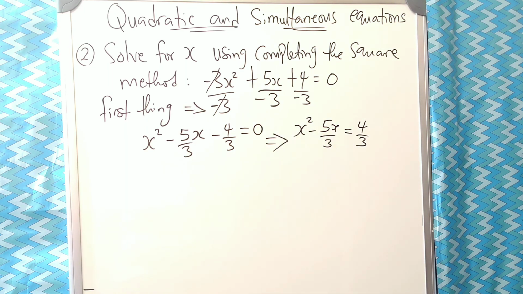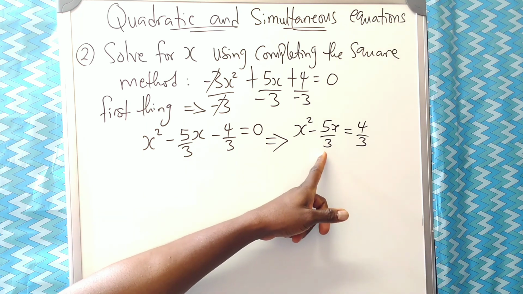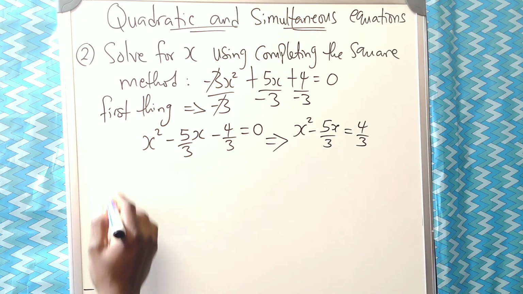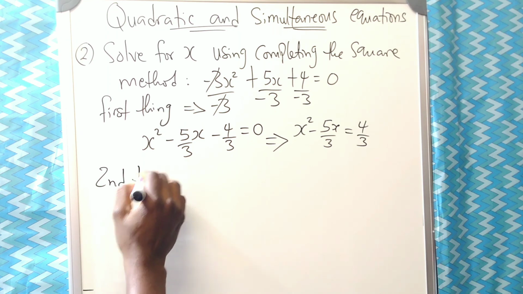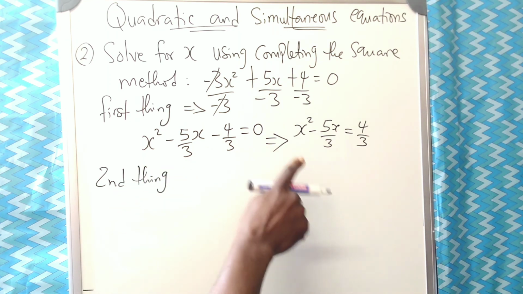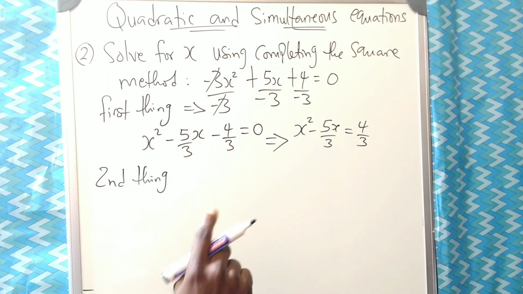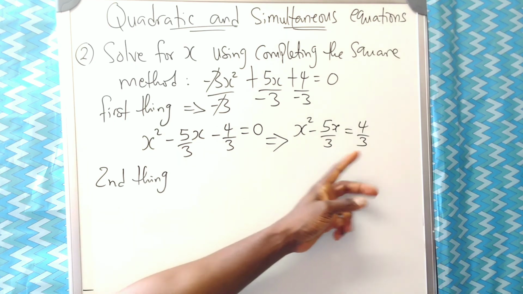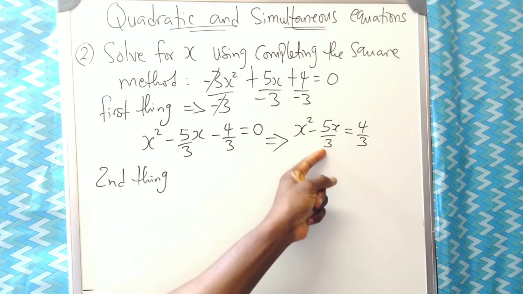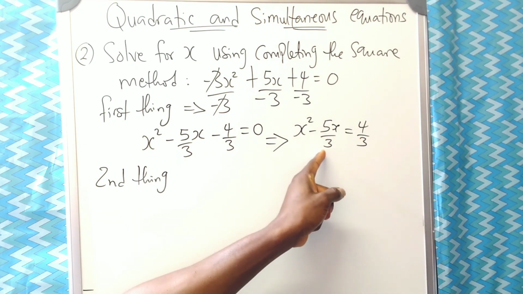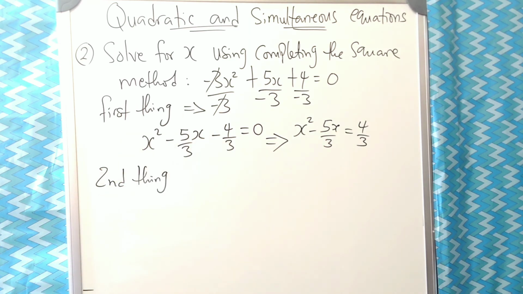All right. Now, the next thing we do is to look for half of the coefficient of b and add it to both sides of the equation to eliminate this value minus 5 over 3.